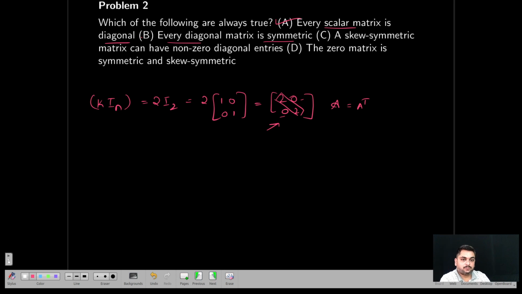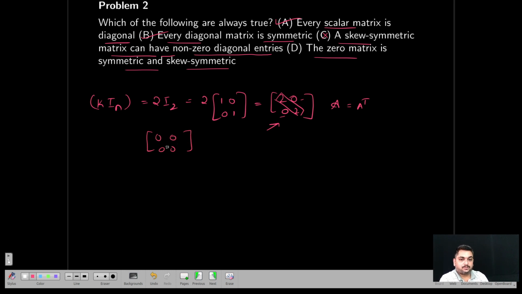So this is also true. Next, C: a skew symmetric matrix can have non-zero diagonal entries. No. The definition of a skew symmetric matrix says that all the diagonal entries should be 0. This is not true. Then D: the 0 matrix is symmetric and skew symmetric. The 0 matrix means all zeros.